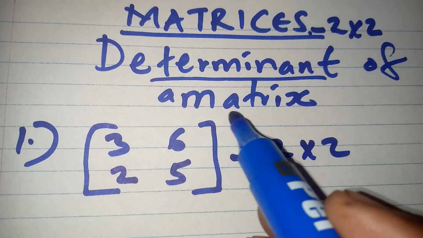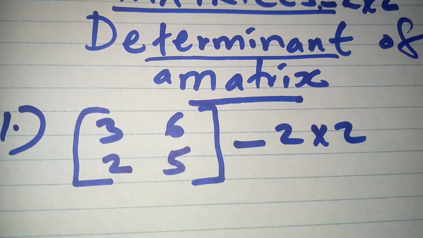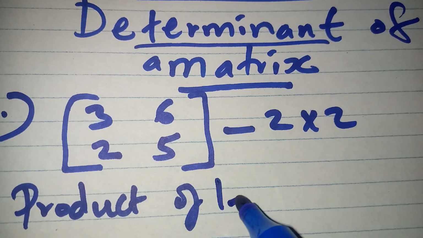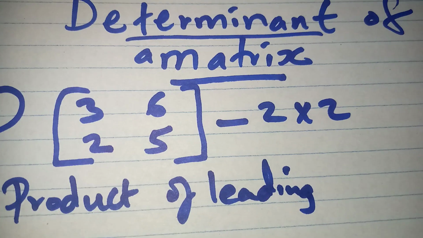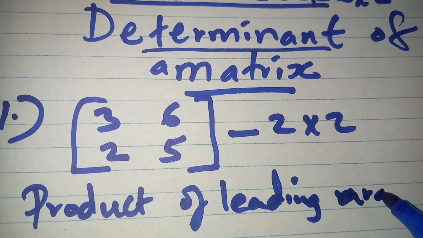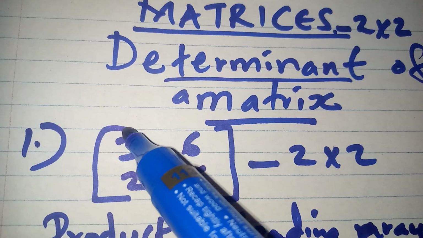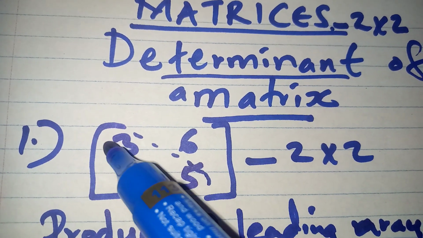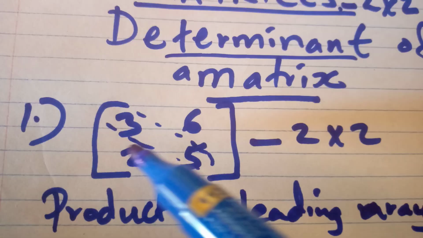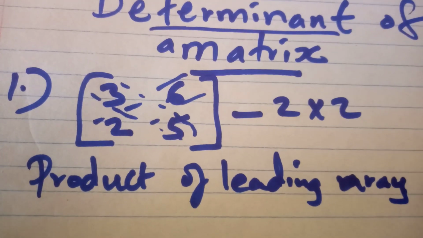So for us to find its determinant, I'm going to take the product of the leading diagonal, this one, and then subtract the product of the other diagonal.